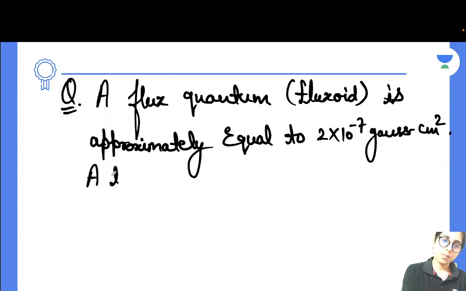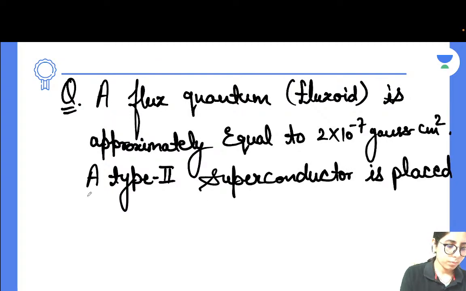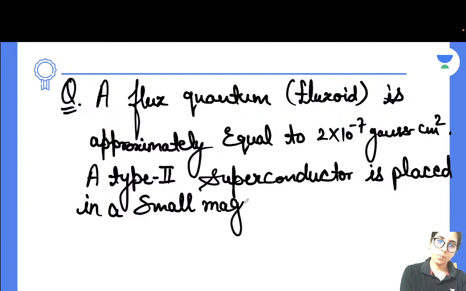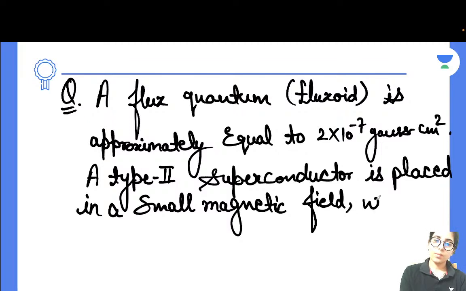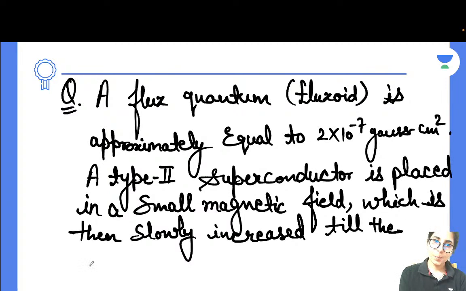A type 2 superconductor is placed in a small magnetic field, which is then slowly increased till the field starts penetrating the superconductor.